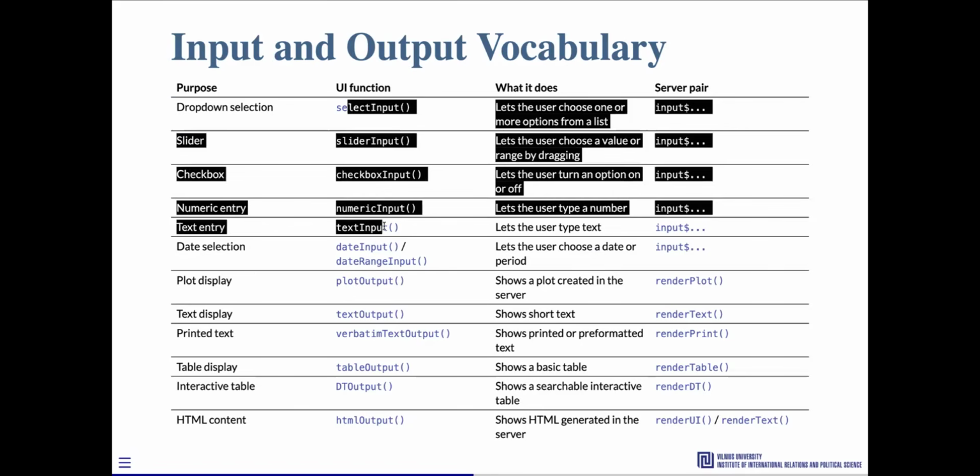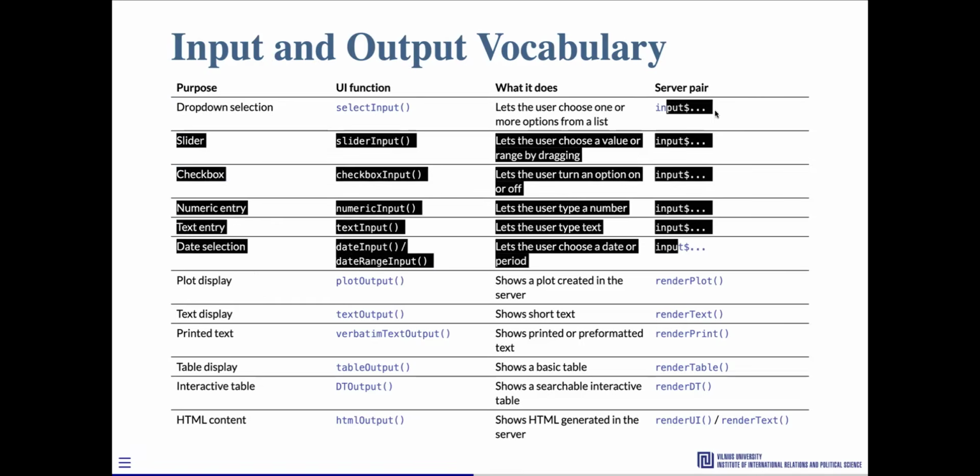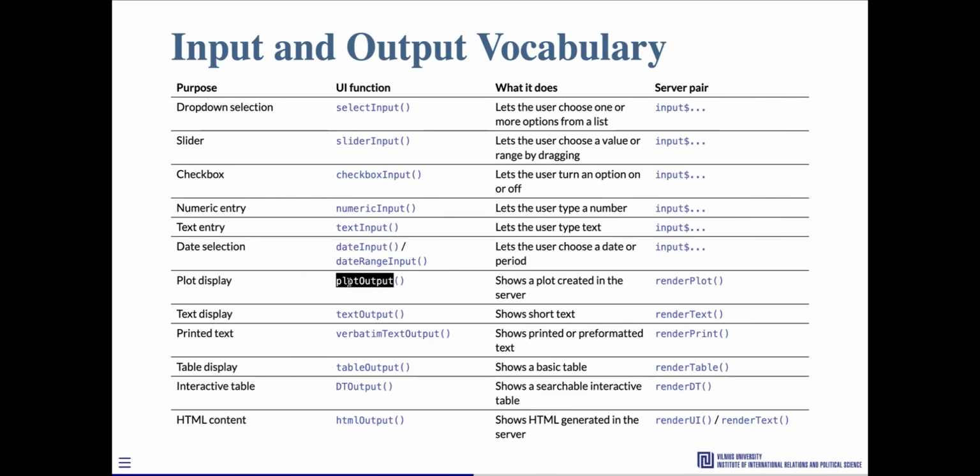Now, these are the inputs, and we call these inputs in the input section of the server. So what about the outputs? The outputs are the ones that are connected to a specific render function. For example, if you want to show a plot, you have plot output, but this needs to be paired with a render plot.